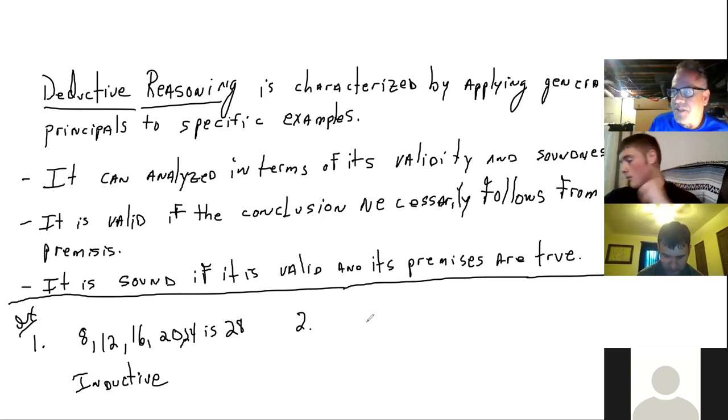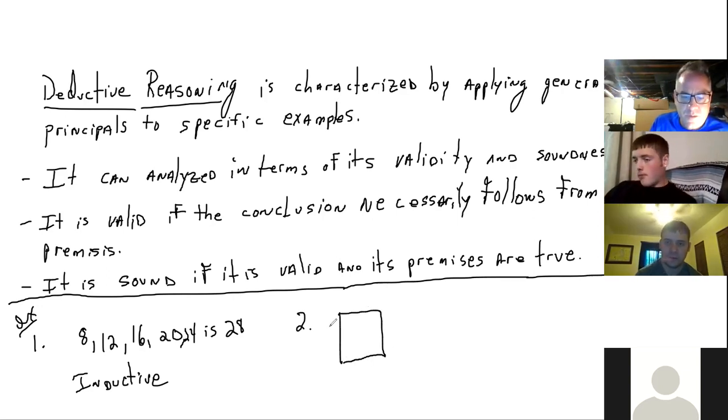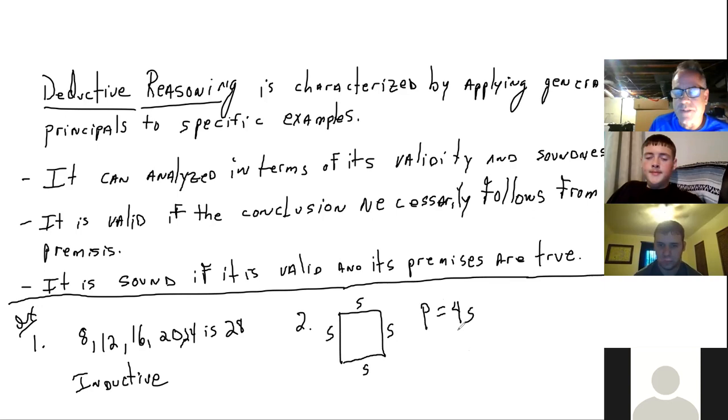So in this case, again, I'm looking at general principles: if I have a square, all 4 sides have the same length, and the perimeter would be 4 times that side length, because you're just adding up the lengths of every side.